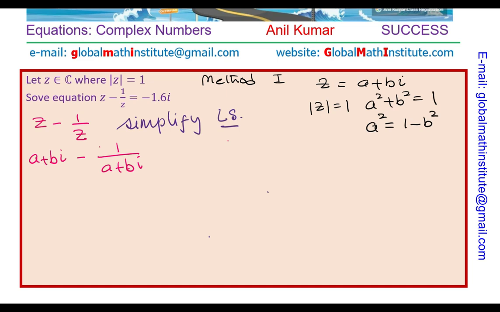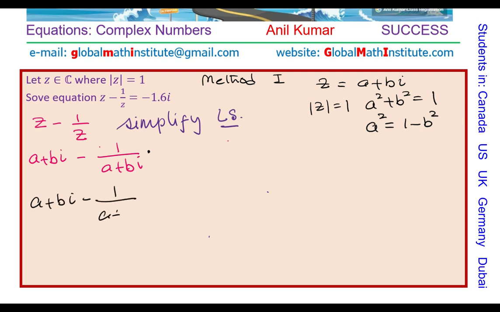So then after that we are going to equate and solve. Now, the easiest way to do is that at this stage, we can actually multiply and divide by the conjugate, right? So we could rewrite this as a plus bi minus 1 over a plus bi times a minus bi over a minus bi.